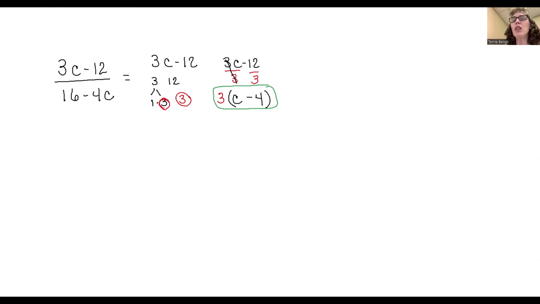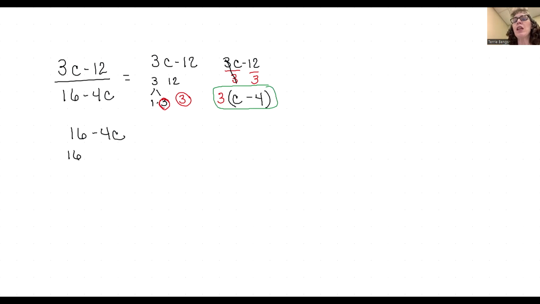So now let's look at the denominator. Our denominator is 16 minus 4c. I'm just going to bring it down here so we can see it. And we want to see if there's anything we can factor out of that. They both have a number, so let's put down the two numbers.